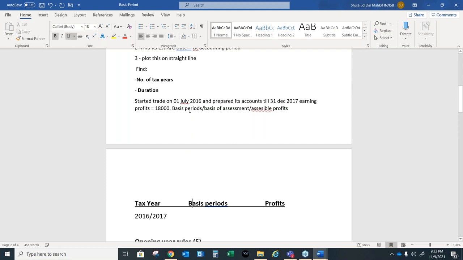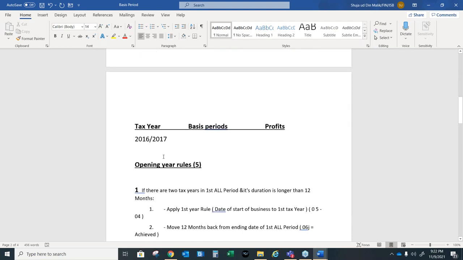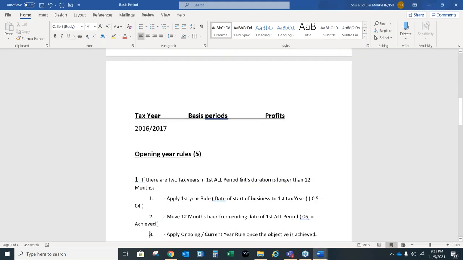I requested you to find two things: the number of tax years, and the duration. You answered there are two tax years, and the duration, from July 2016 to December 2017, is 6 months of 2016 and 12 months of 2017, making 18 months in total. So I have tried to make some rules for you.